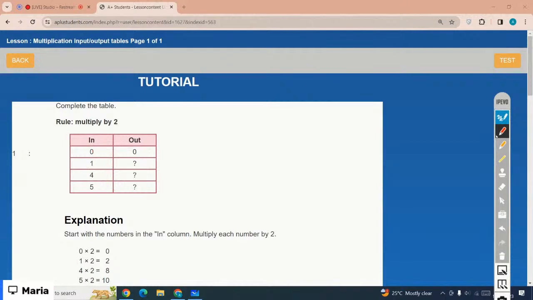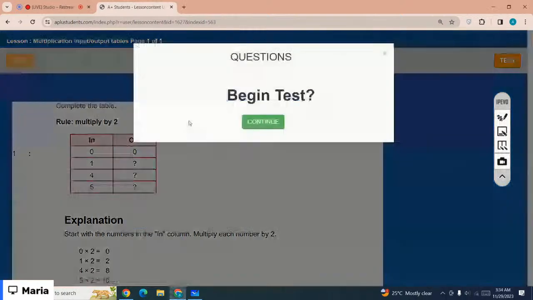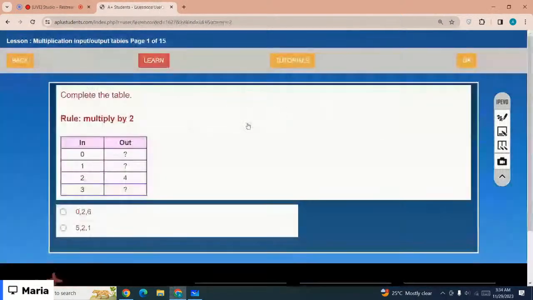Let's just start with the test questions. Okay, complete the table. Multiply by 2.